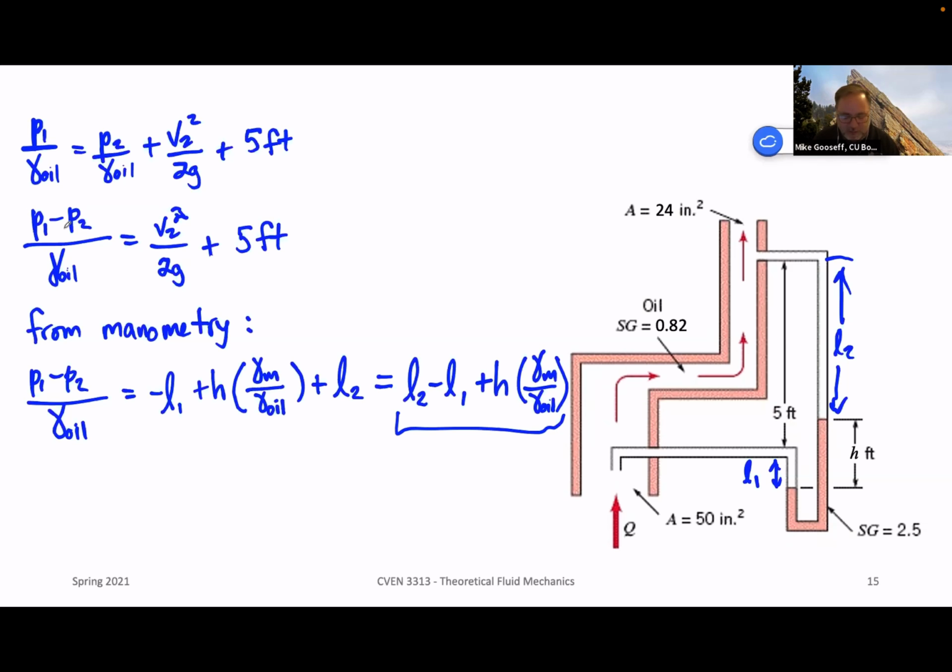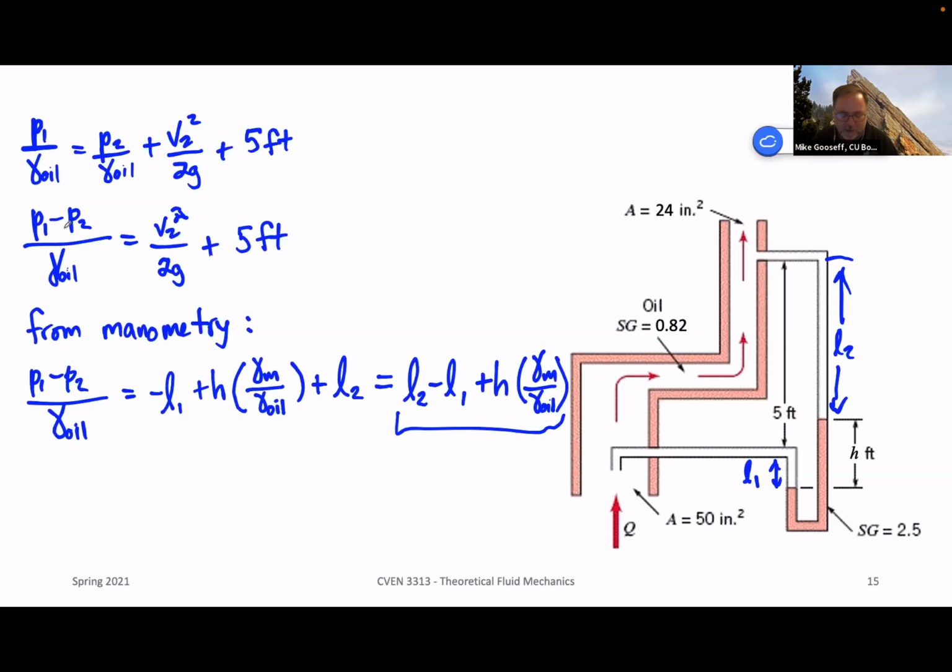So if we do that, the other thing to note here, where did that come from? I have it in my notes. I know I figured this out. L1 plus 5 feet. I just wrote this out like an hour ago.